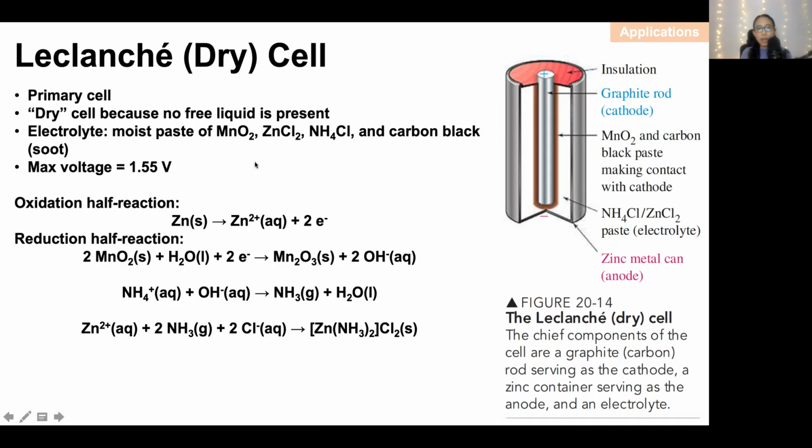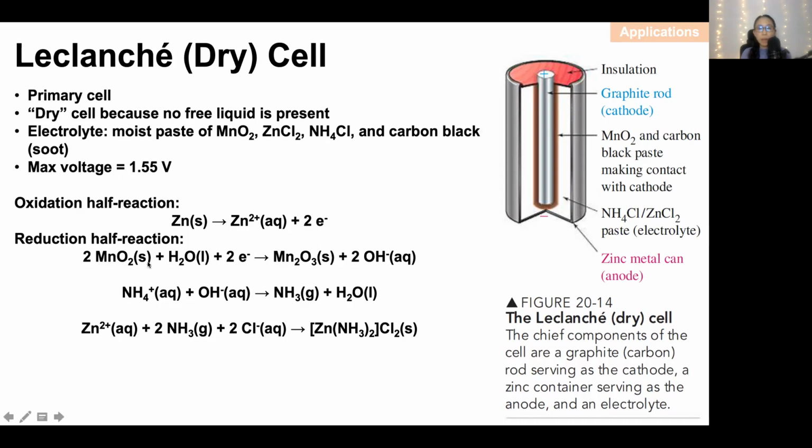So the electrolyte is a moist paste of manganese oxide, zinc chloride, ammonium chloride, and carbon black or soot. These dry cells, the ones that use this electrolyte, have a maximum voltage of 1.55 volts. The oxidation half reaction is simple. It's just the oxidation of your zinc. But the reduction half reaction is a bit more complicated.